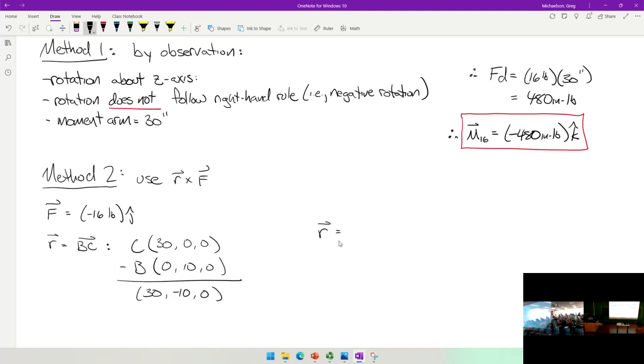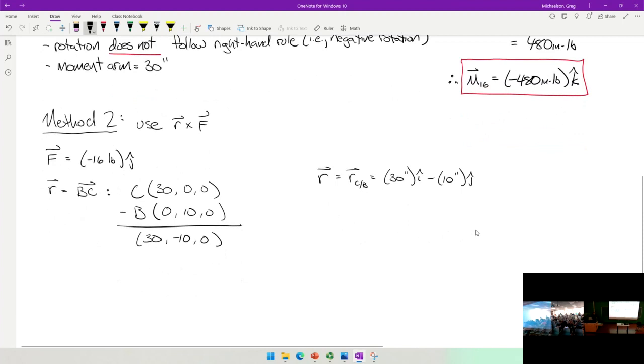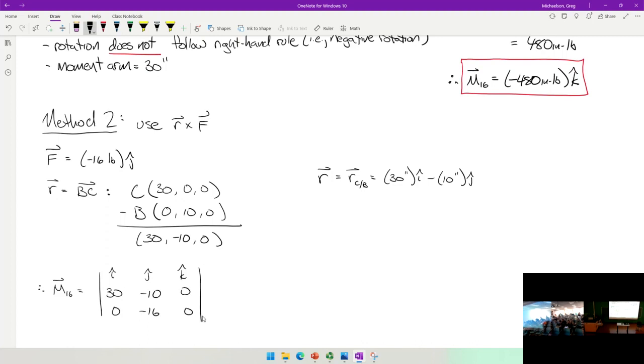So R, in this case, is 30 times i minus 10 times j. And if you need some practice, therefore, M16 is R cross F. There's our cross product. Expand it out.